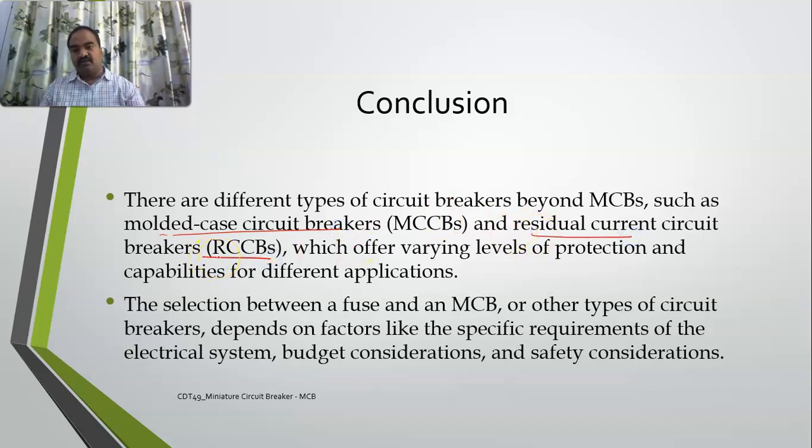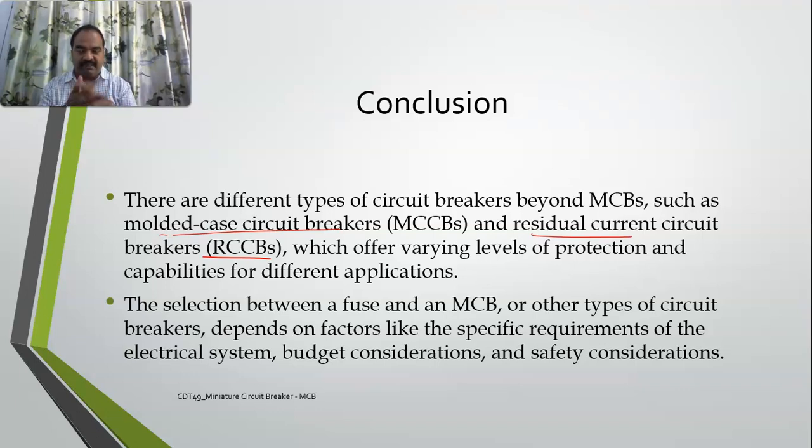These offer varying levels of protection and capabilities for different applications. They are very reliable nowadays, and the selectivity and sensitivity are both becoming good. So you can choose MCBs over fuses.